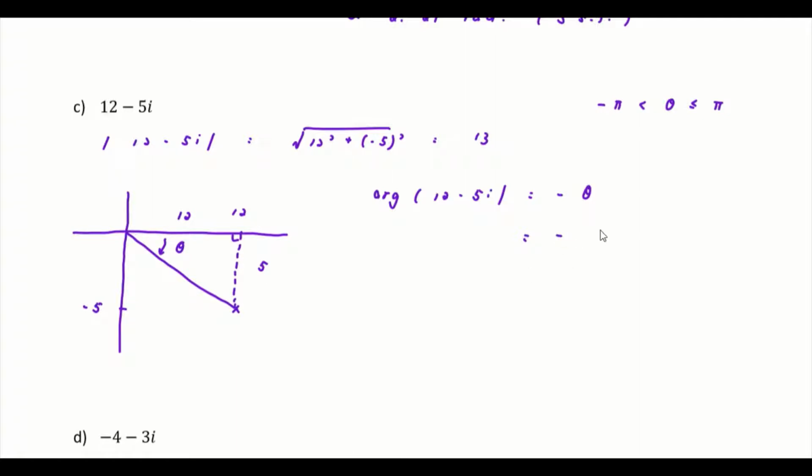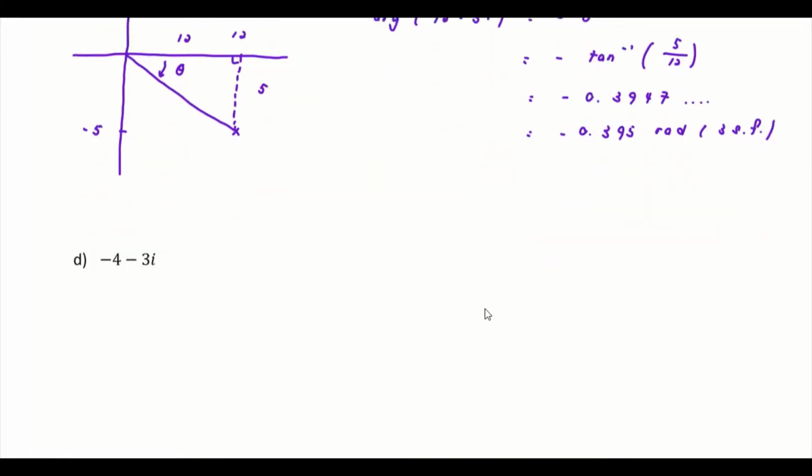So that's why negative tan inverse, treating it as 5 and 12, opposite over adjacent. Using your calculator and rounding to 3 significant figures, we get negative 0.9. Okay, so just that.